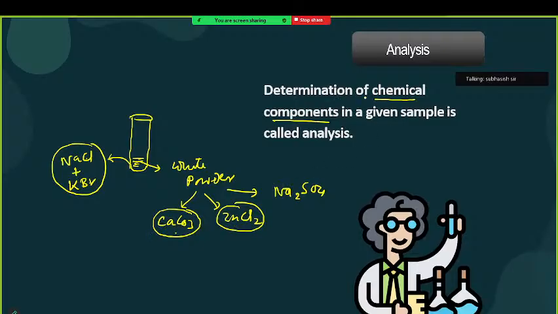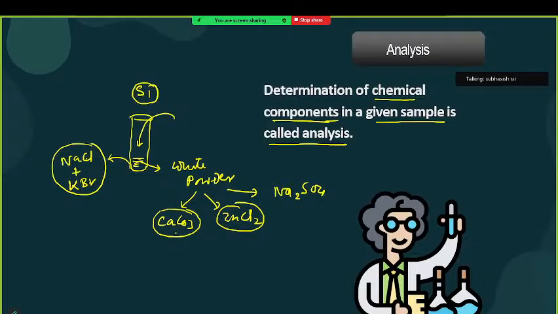You are given a sample, say sample number S1, which contains a white powder, and we have to identify the components of this white powder. The method used to determine the composition of this white powder is known as analysis.